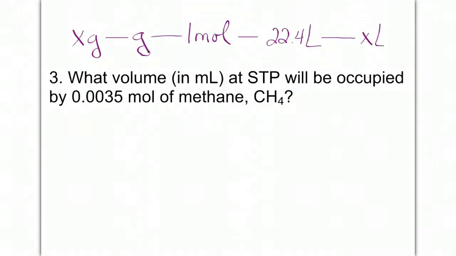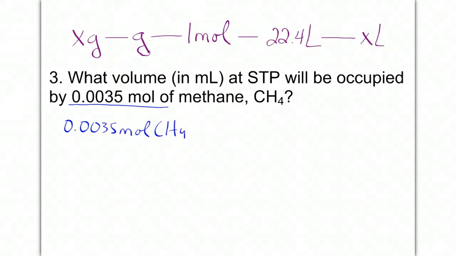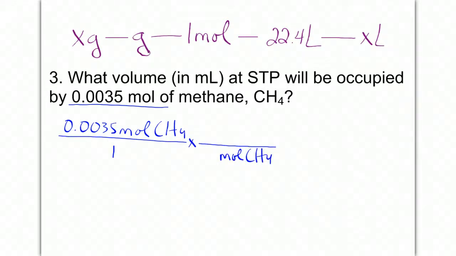Number 3, what volume in milliliters at STP will be occupied by 0.0035 moles of methane? I'm going to put that given over 1, times, draw a line, bring down moles of CH4. It's always going to be 1 mole, and we're trying to get to milliliters.